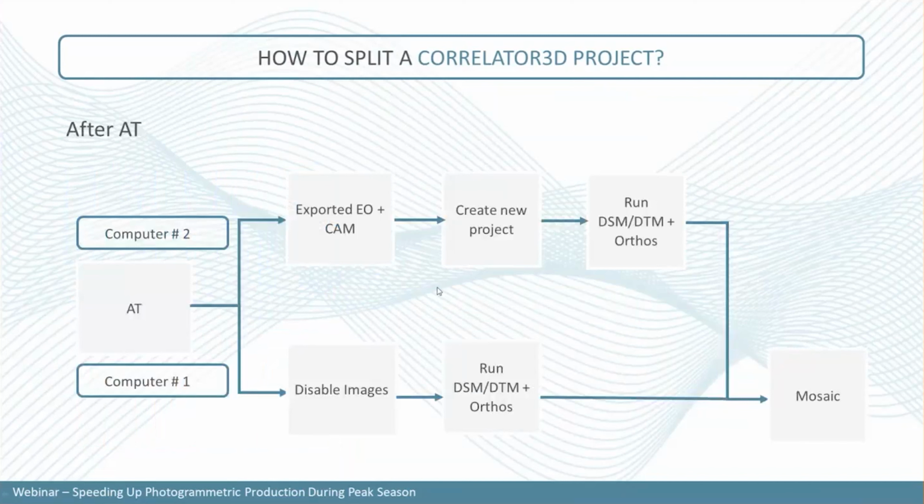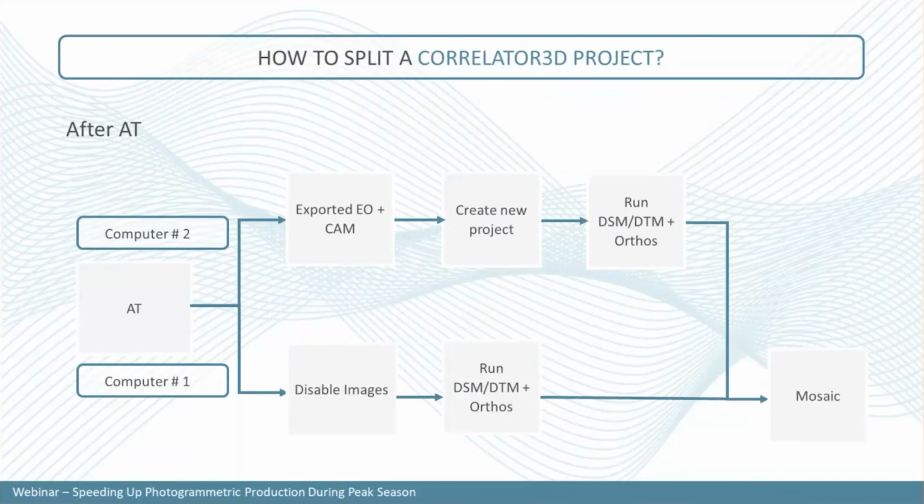The other way to run a project, which is personally one of the ones I suggest the most, is if you have access to multiple licenses, you can run the AT on one computer. This means that the tie points, the ground control points, and all the image adjustment will be done on all the images.